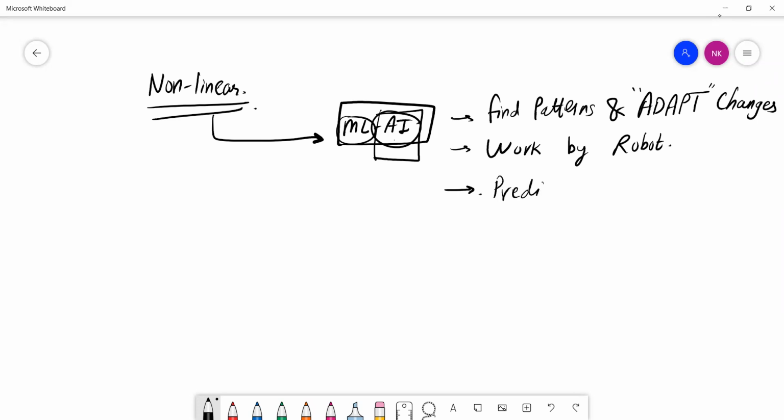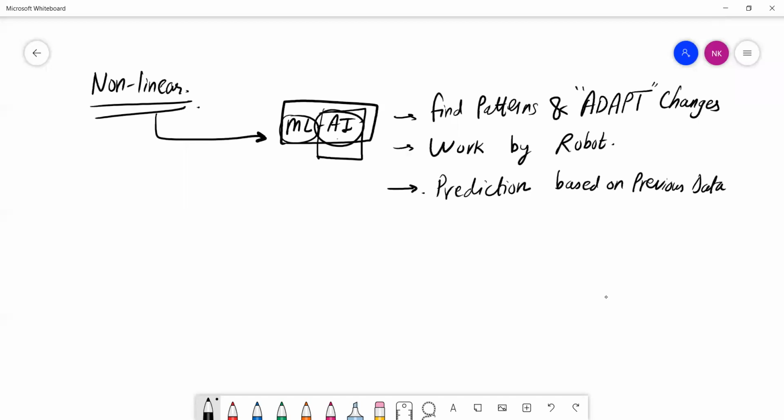Prediction based on previous data. Right? Predicting from the existing model for future input. Correct, Viraj? Zeal says to use the historical data to learn and generalize in order to generate predictions about new data.